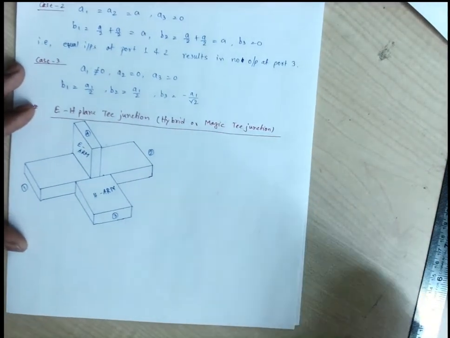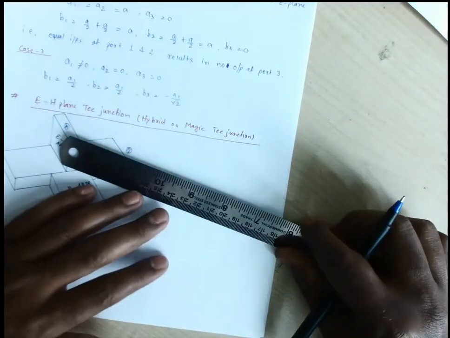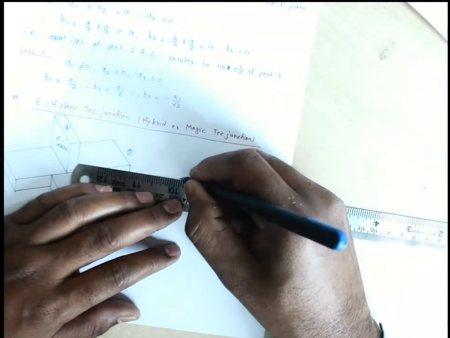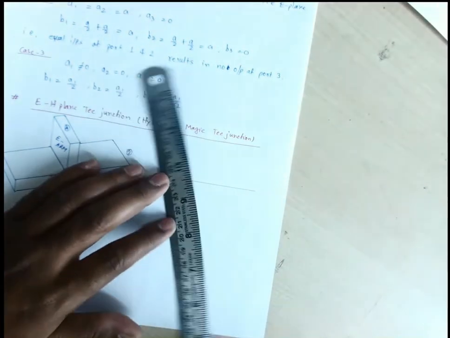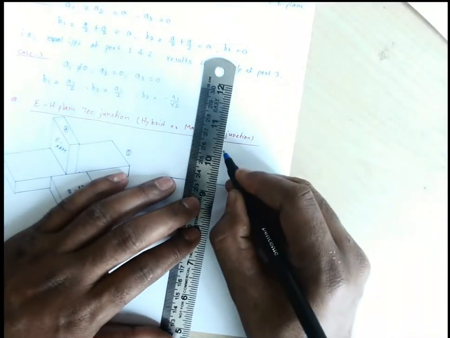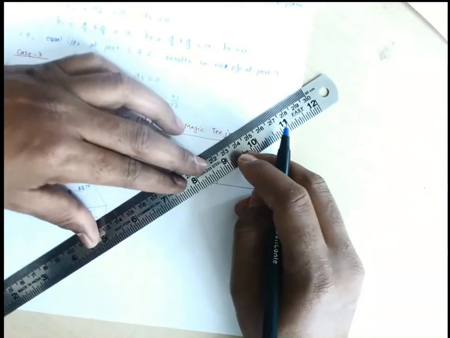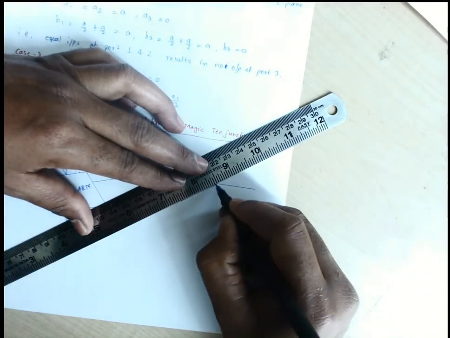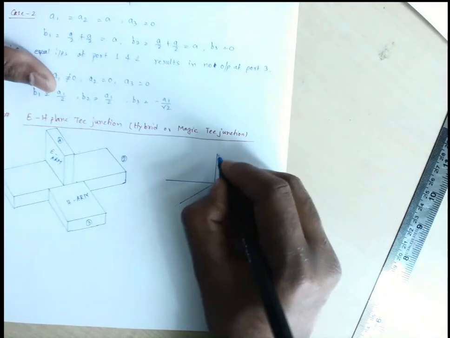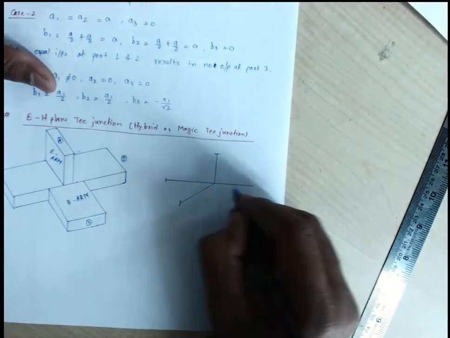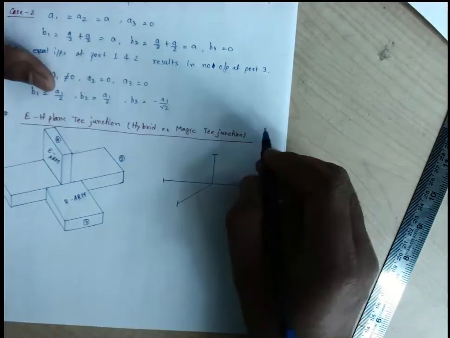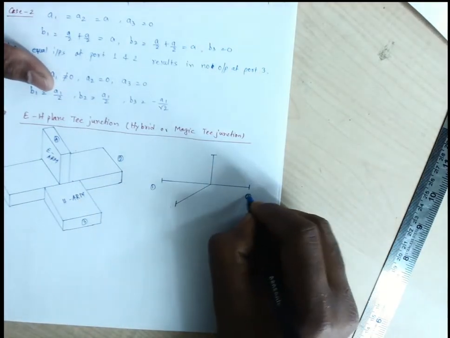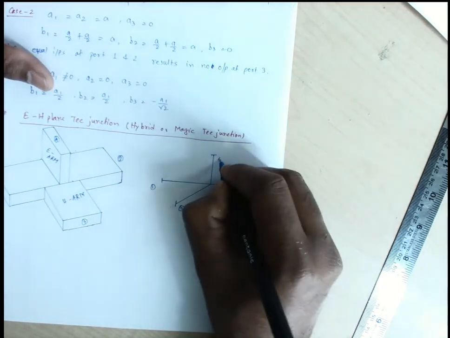Okay, so if we go with a simple diagram for this, it is your port 1, port 2, 3, port 4.